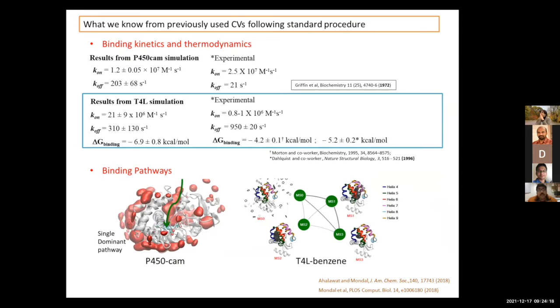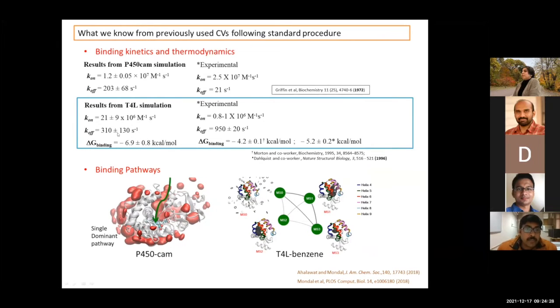The kinetics of binding and unbinding is very close to the experimental values, in excellent agreement for P450 CAM also. And for T4 lysozyme, even with multiple binding pathways, you still achieve very good kinetics using computer simulations in an unbiased way. K-on and K-off were in excellent agreement with the experimental values.